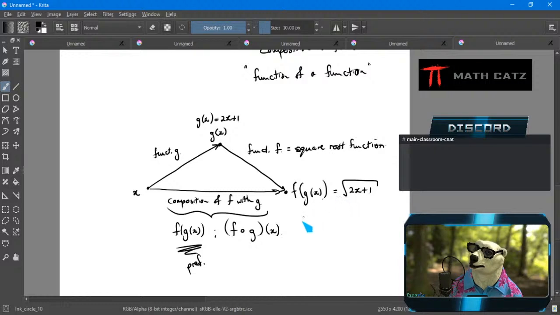And in that way, I can nest functions inside of other functions and create composition of functions, or we just say functions of a function.